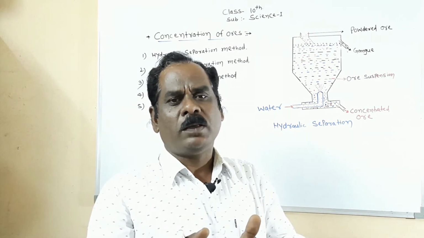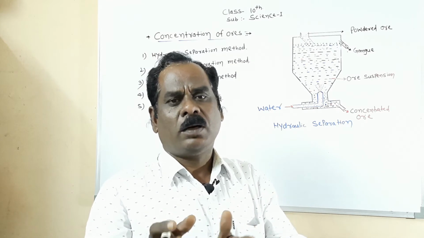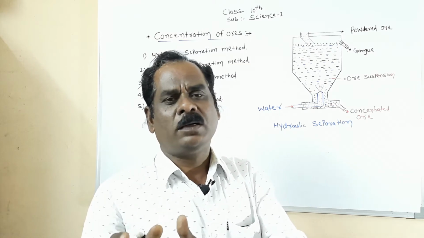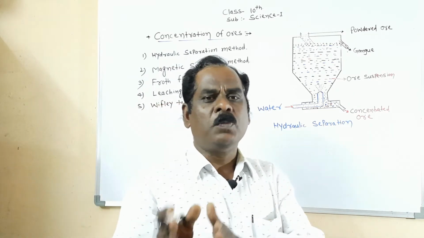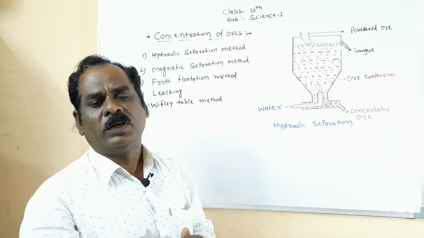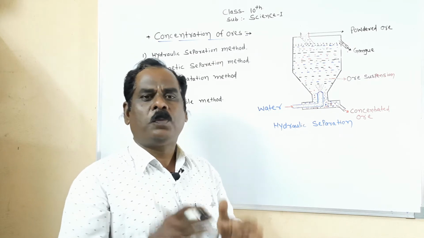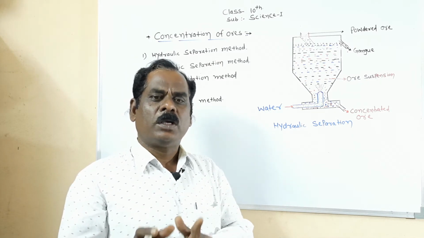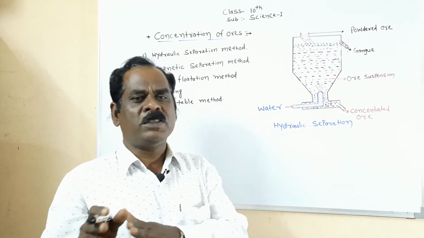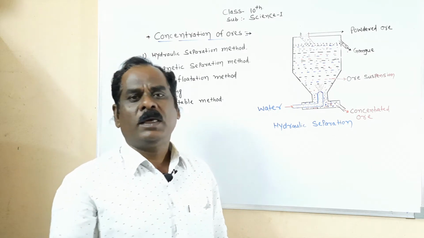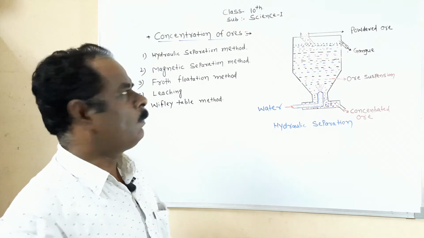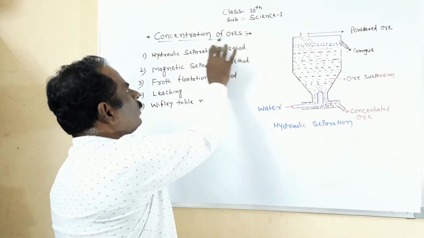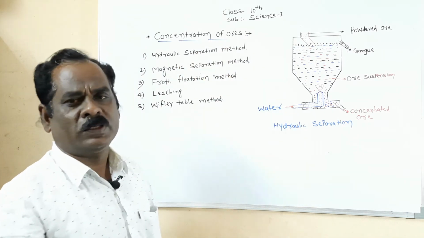These impurities are also called gangue. This gangue is removed from the ores. The process in which the gangue or impurity present in the ore is separated by using suitable methods is known as the concentration of ores.